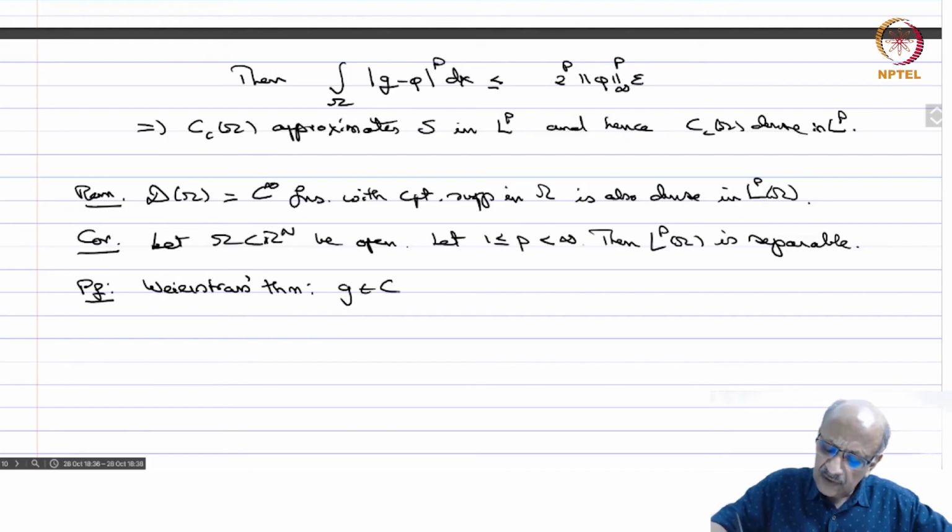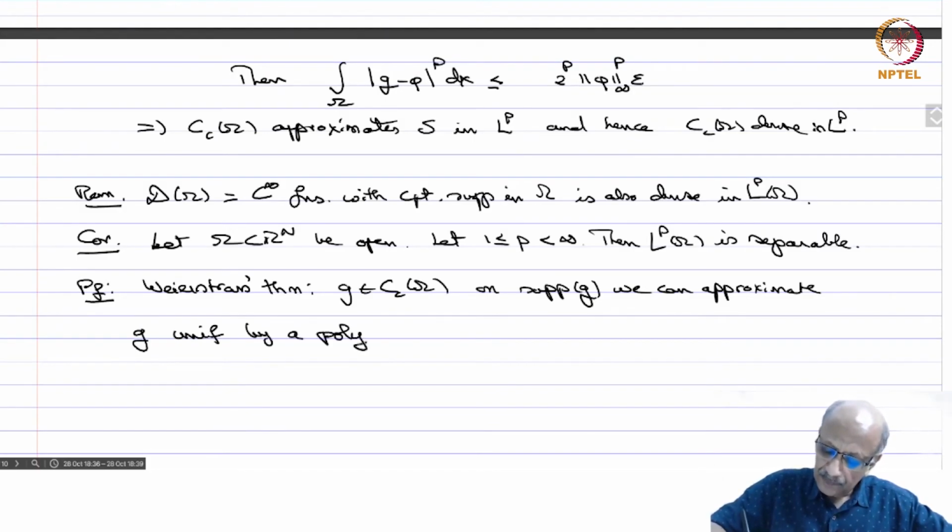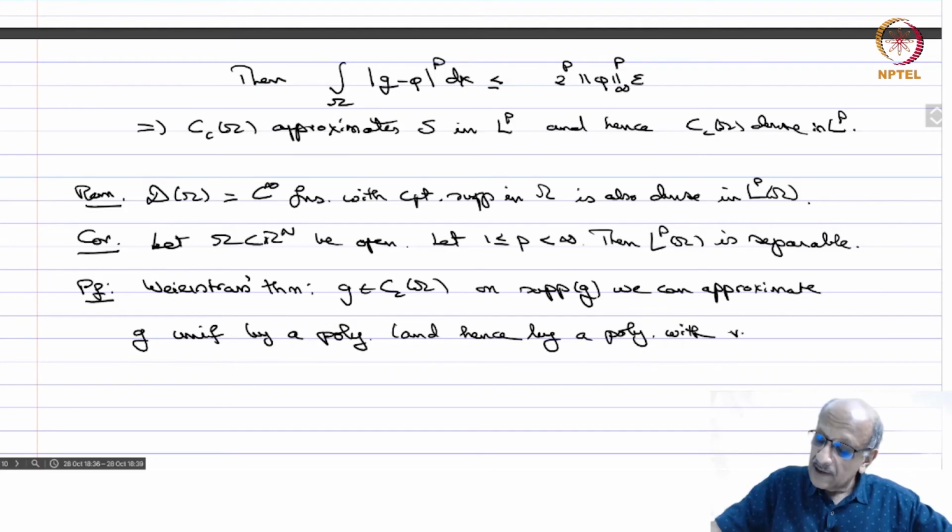If G belongs to Cc of omega, then on the support of G, which is a compact set, we can approximate G uniformly, that is in the L infinity norm, by a polynomial, and hence by a polynomial with rational coefficients.